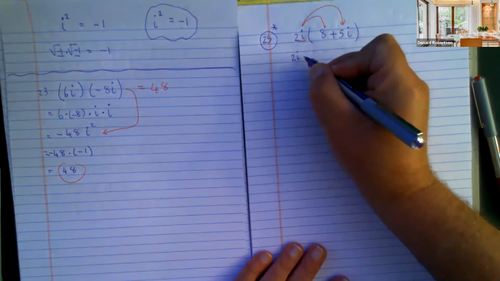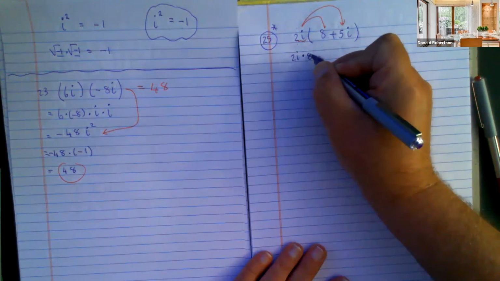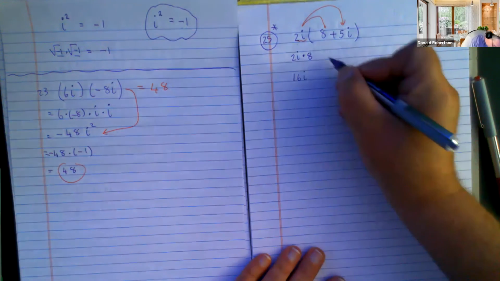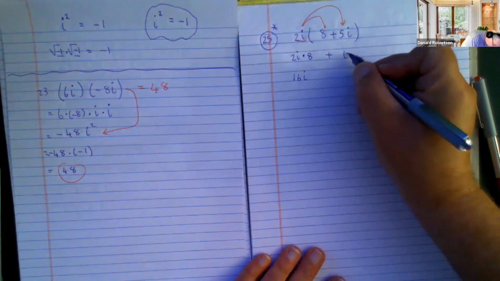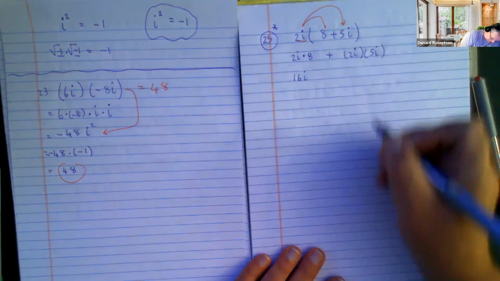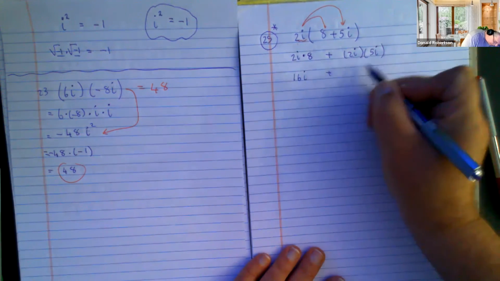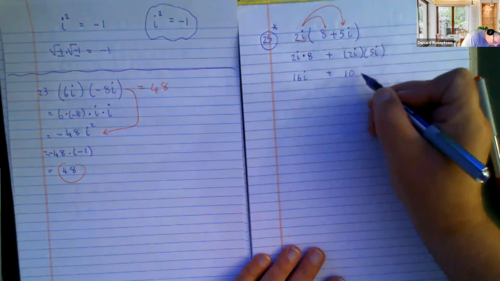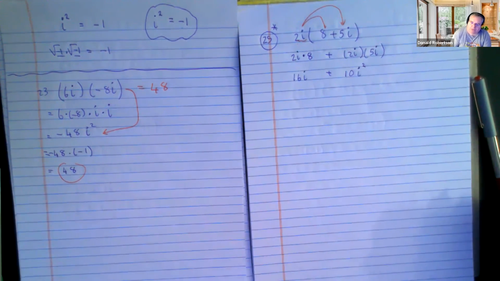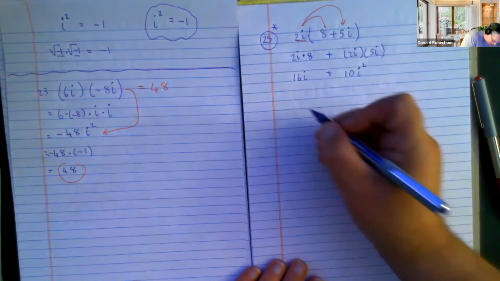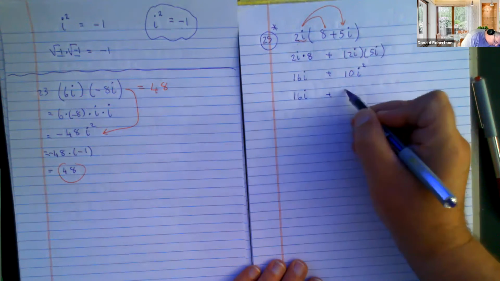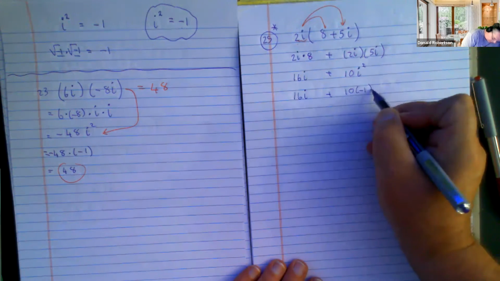You're going to go 2i times 8, and that's going to get you 16i. Then you're going to go plus, and you're going to go 2i times 5i. And 2 times 5 gets you 10, and i times i gets you i squared. So hopefully you're with me up to that point. Then i squared gets replaced by -1.